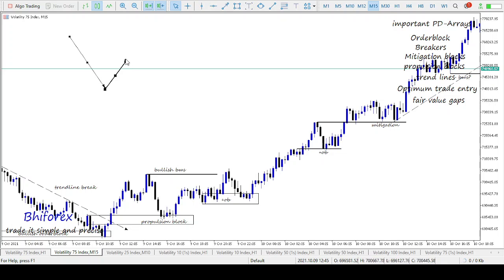Breakers and mitigation blocks, sorry. Good. This is one. Now I'm going to represent the second one.